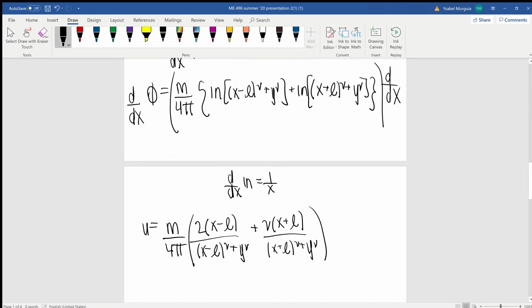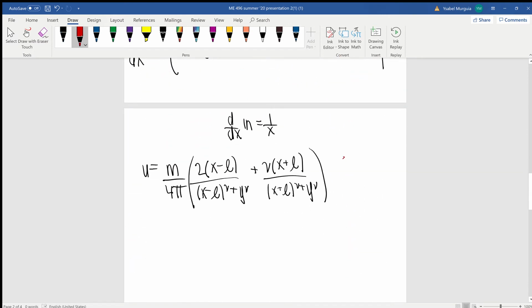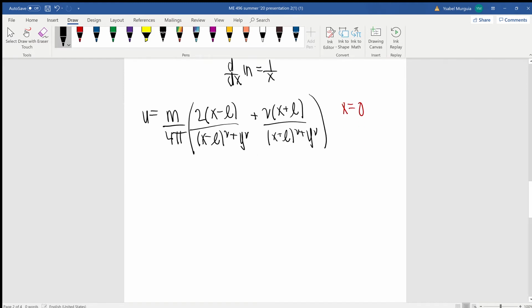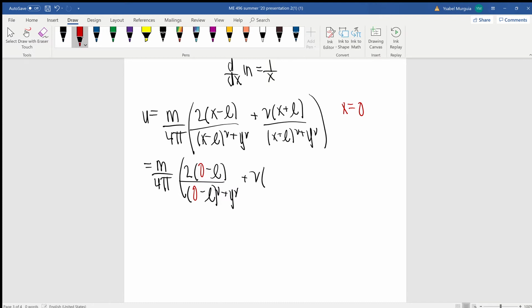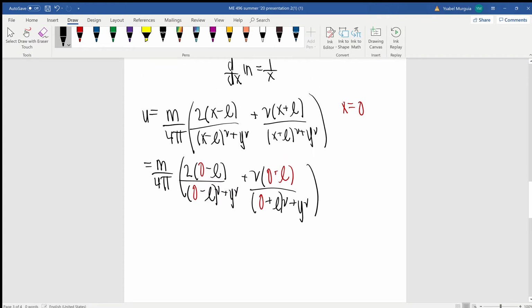Knowing that and plugging in x equals 0 here, we can solve and get m over 4 pi times 2 times 0 minus l over 0 minus l squared plus y squared plus 2 times 0 plus l divided by 0 plus l squared plus y squared. Okay, and again, we are assuming that x is 0 because we are talking about the wall, which is at the origin.